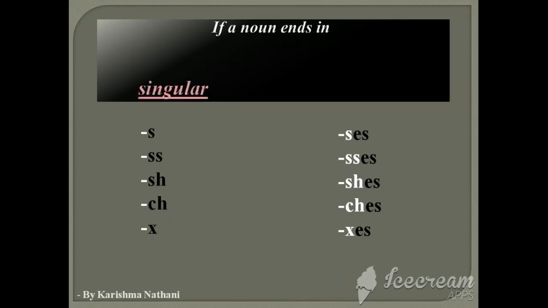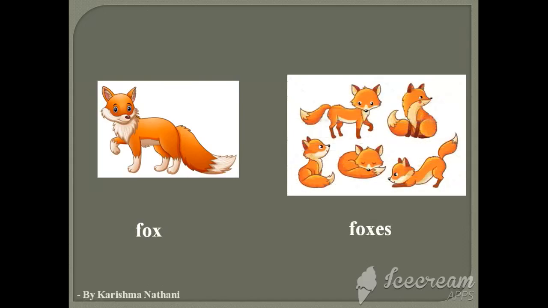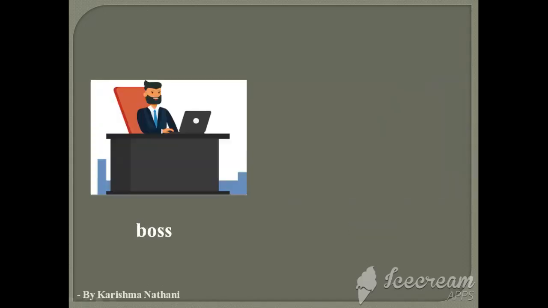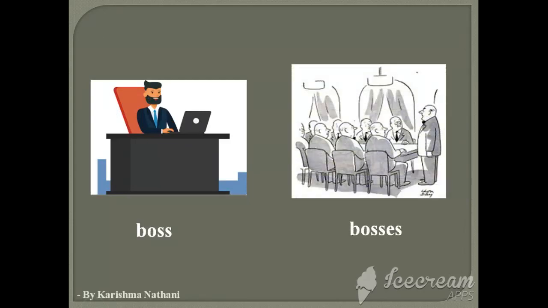S, double s, sh, ch and x are singular forms, and if we put es at the end of this singular form, then it will become plural form. For example, fox, two foxes. Boss, two bosses.